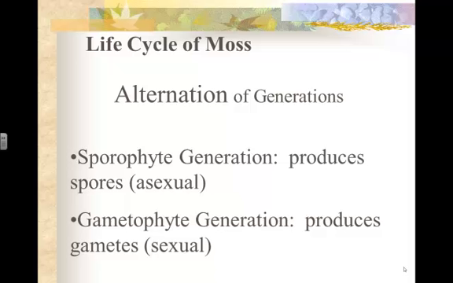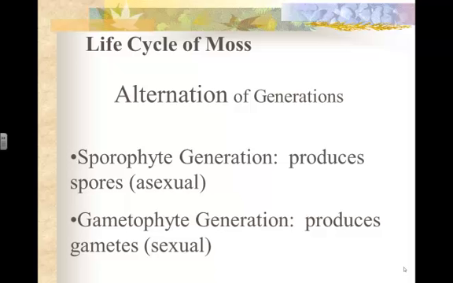But moss does not come unless it has a sexual phase and an asexual phase. If it doesn't have both of those phases, you do not get moss. So it's called alternation of generations, the generations being the sexual and asexual phase. The sporophyte generation produces spores. Spores are a type of asexual reproduction.